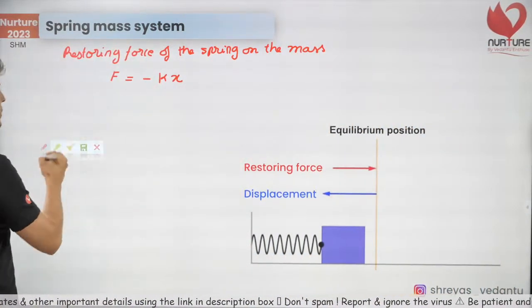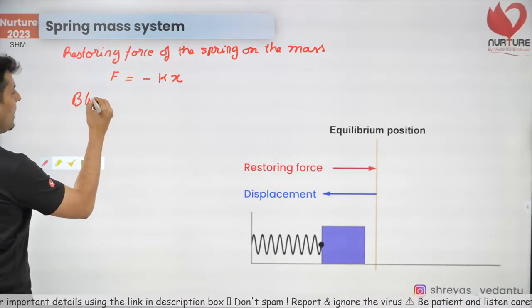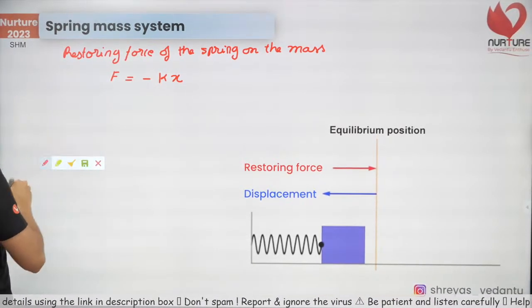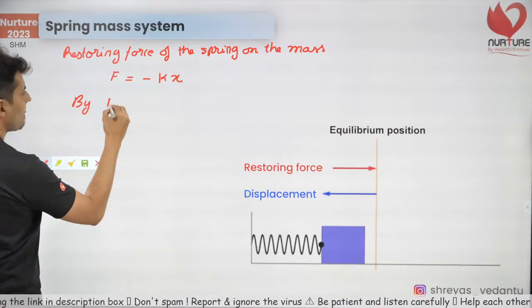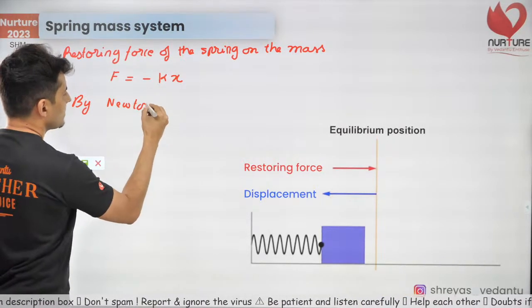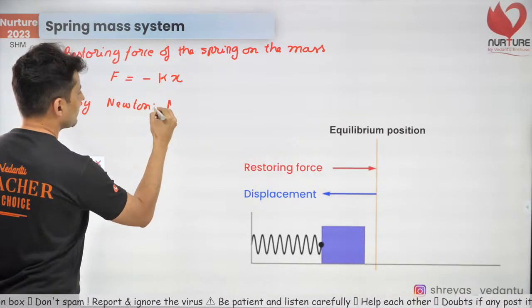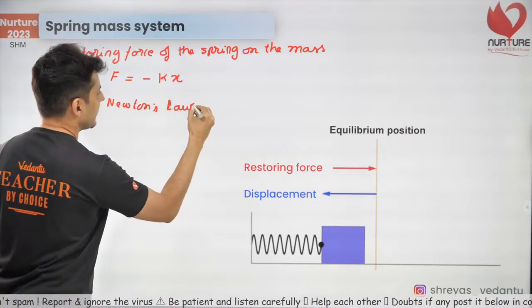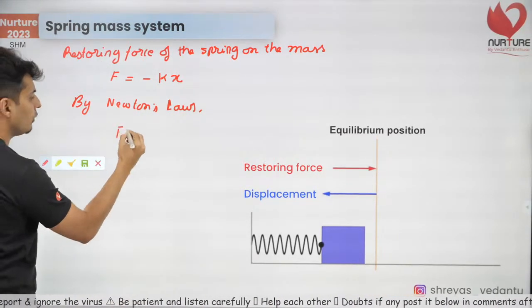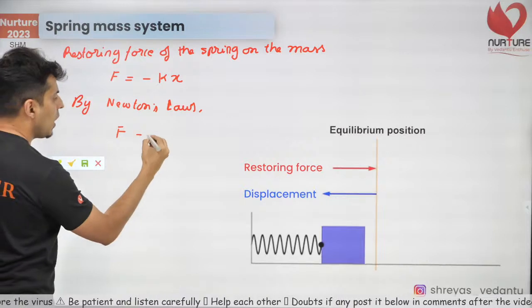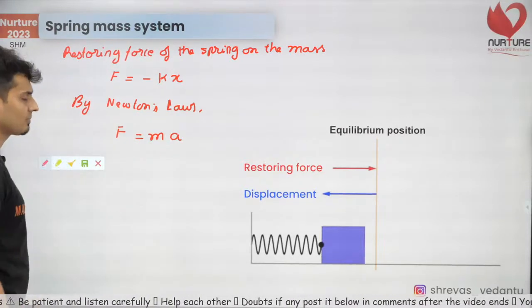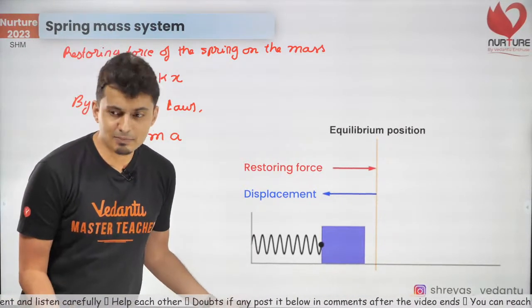Now, by Newton's laws, what can we say? We can also say that the force acting by the spring also produces some acceleration. F is equal to ma, right?